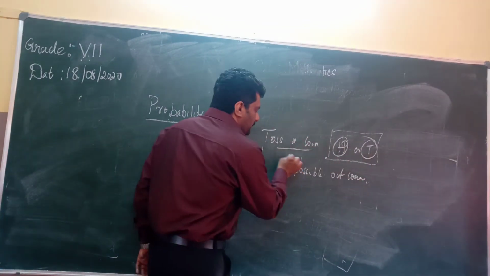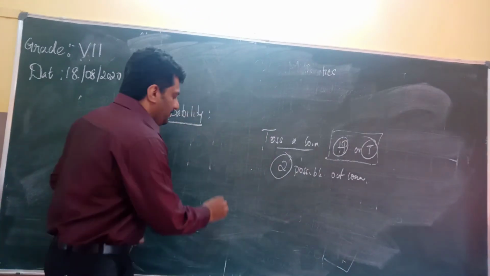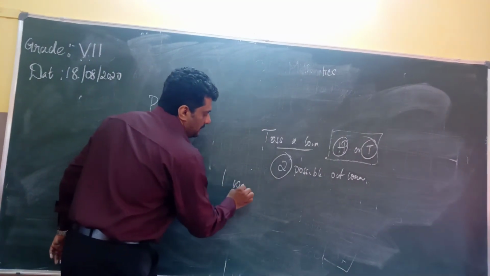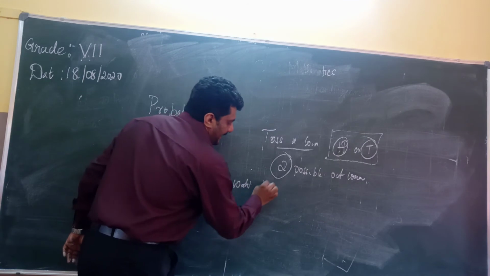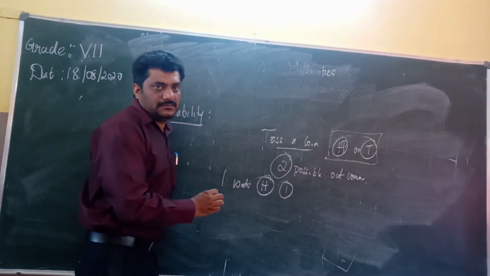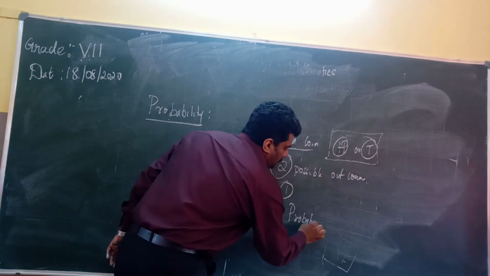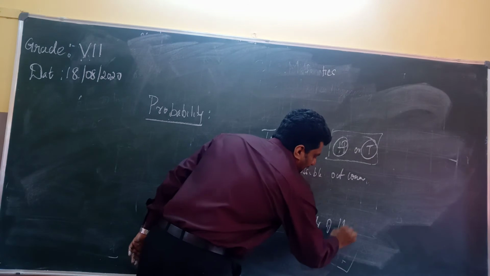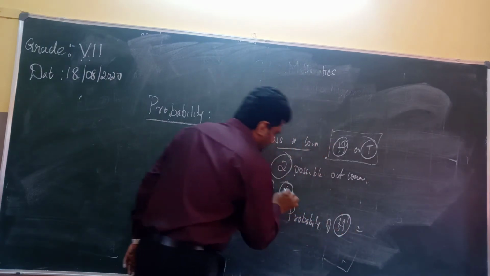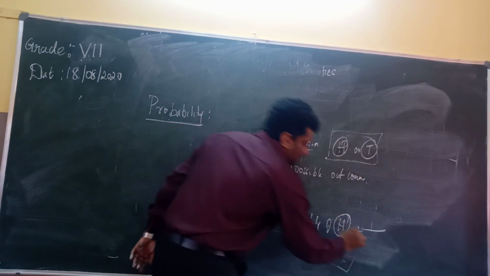So in total you have 2. Now what is your outcome? What do you want? If I want heads, that means one option. So the probability of getting heads is 1 divided by 2.